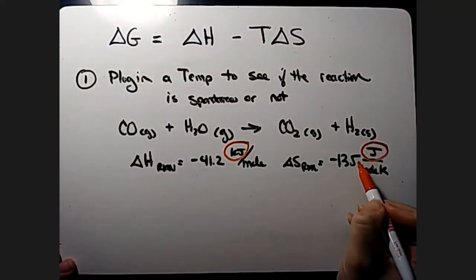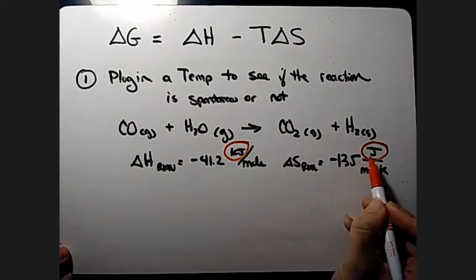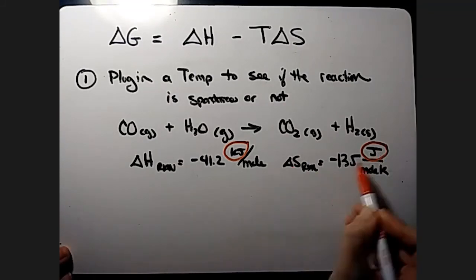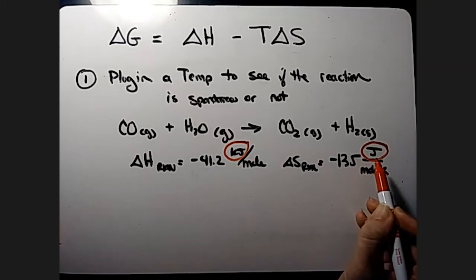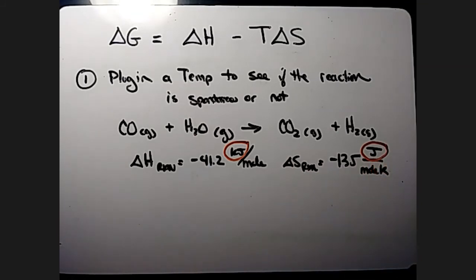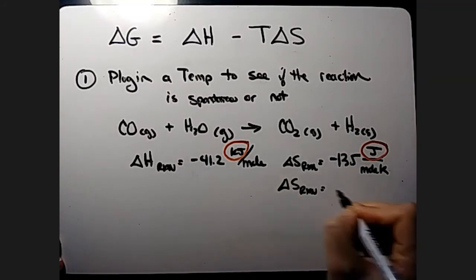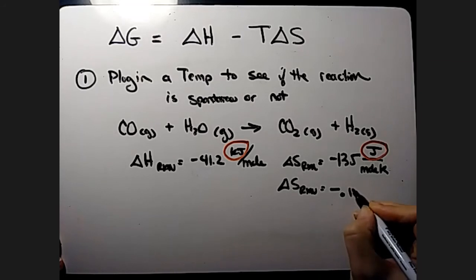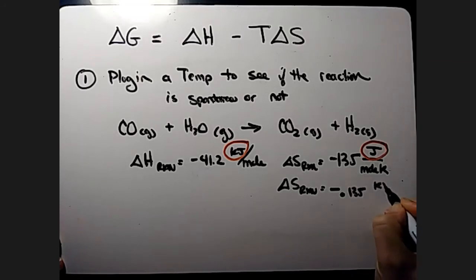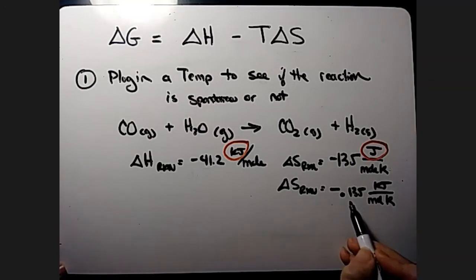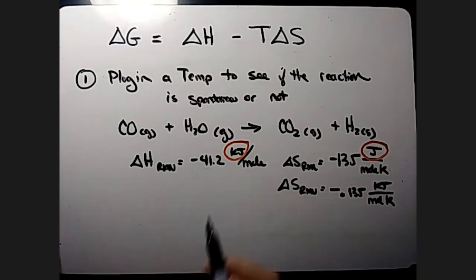So a lot of the time what I'll do right out of the gate is transform my S value to be in units of kilojoules. That would mean to divide it by 1,000. So I can rewrite that. Delta S reaction is negative 0.135. My unit is now kilojoules per mole Kelvin. This is the value that I want to use against this delta H.